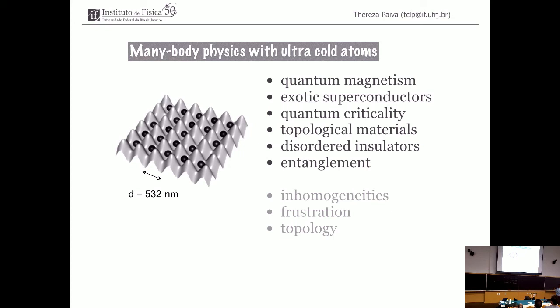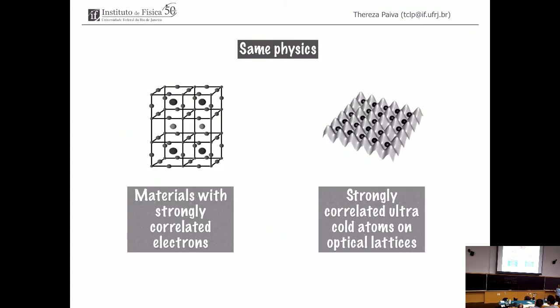I listed here some interesting things that are going on: quantum magnetism, exotic superconductors, disorder, entanglement, and all the things that are the topic of this workshop and can also be studied in this framework. So although I am talking about cold atoms in an optical lattice, I am describing the same physics as we do have in materials with strongly correlated electrons.